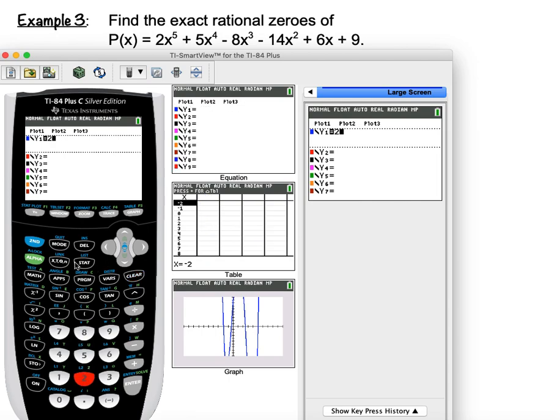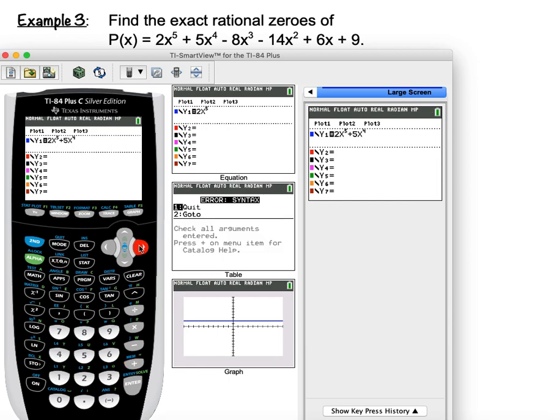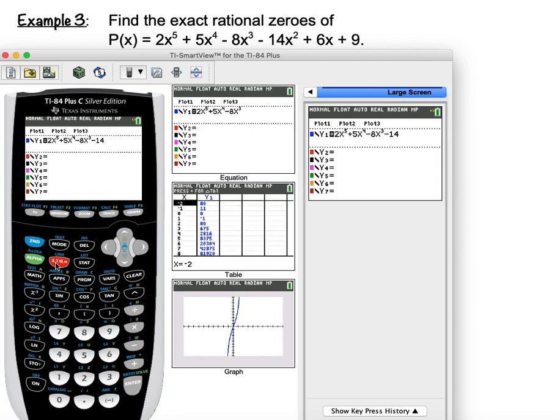And again, if you wanted to, you could pause the video and try this one yourself and then come back and check. So I'm just going to double check and make sure I typed that all in right. All right, good.